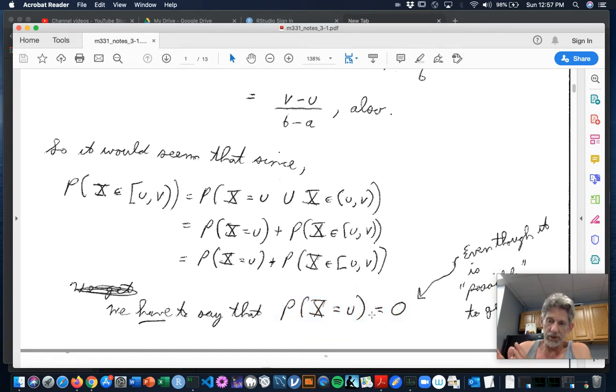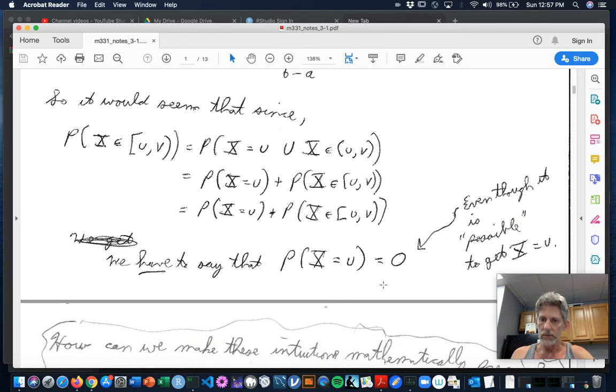So you're forced to conclude, if you want to preserve your intuitions about how this random variable works, that even though it's possible for X to be U, the chance for X to be U is 0. So for these types of random variables, probability 0 does not mean the same thing as impossible to occur. That's something to keep in mind.